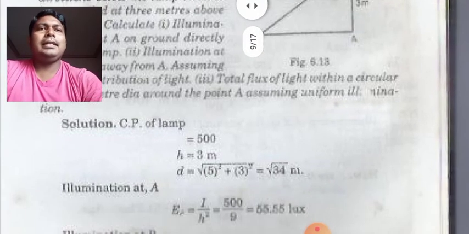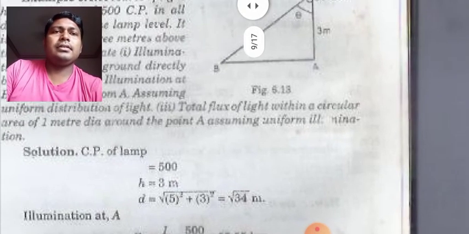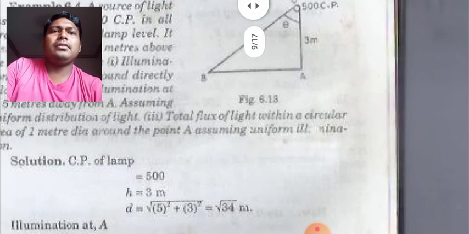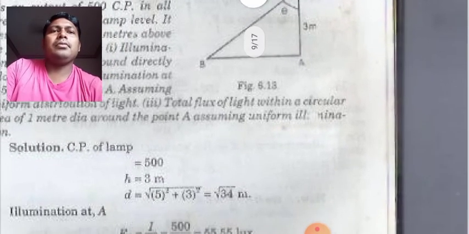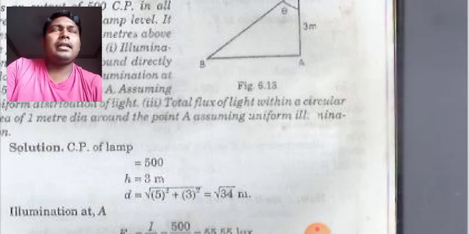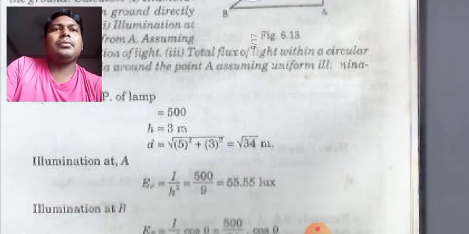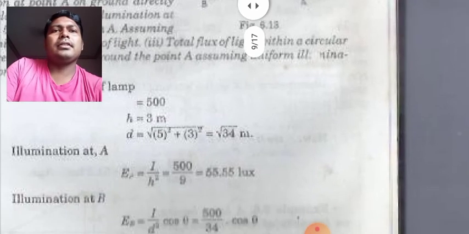Now candle power of lamp is equal to 500, small h is equal to 3 meters. Now applying Pythagoras theorem, d is equal to root over of 5 square plus 3 square, which will give you root 34. All this will be in meters, because already your height and all those things are in meters.